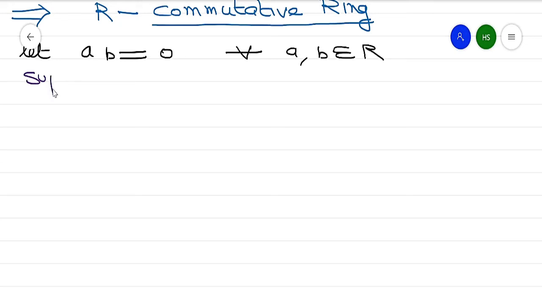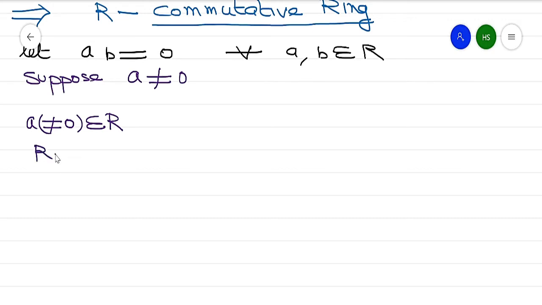Suppose A is non-zero. I want to prove that B is equal to 0. If A is a non-zero element belonging to R, and R is a field, then every non-zero element is a unit. So it implies A is a unit.